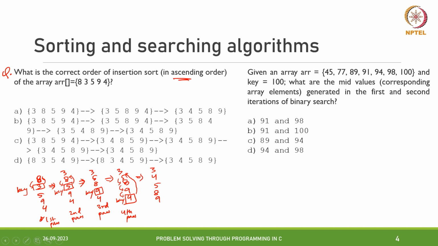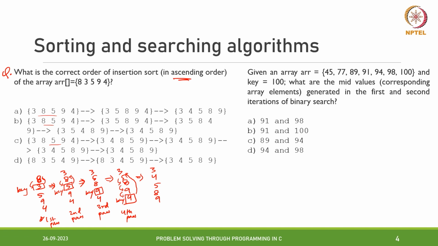Okay, so what is the correct order? When the question asks for the correct order, we start from here. The first pass is done on this. After the first pass, you get 3, 8, 5, 9, 4, which is in three options.